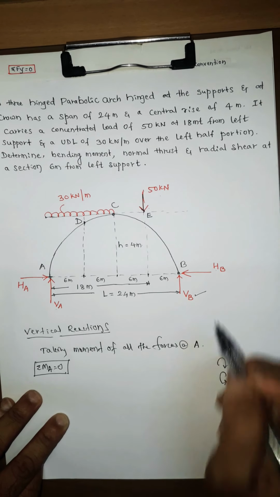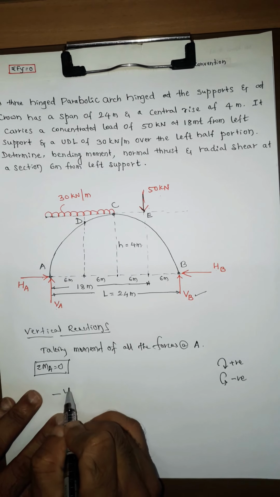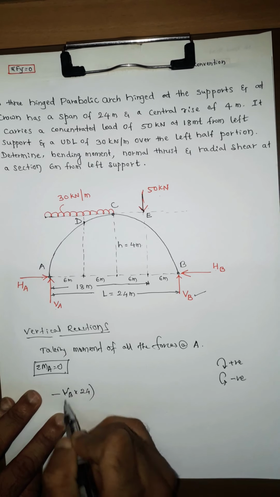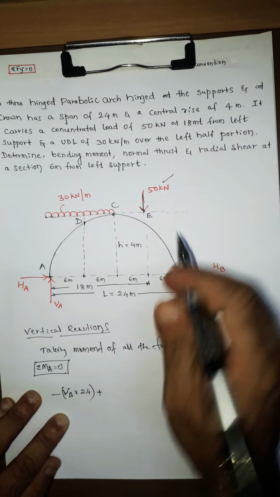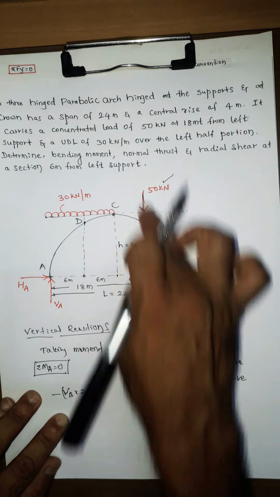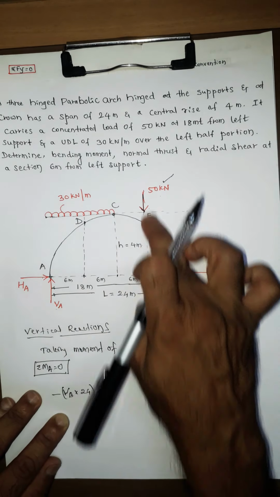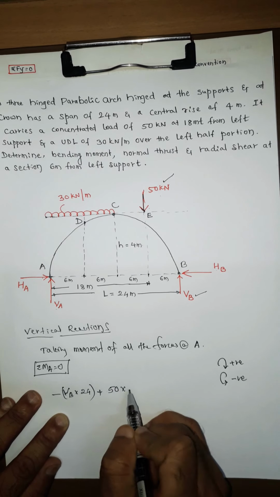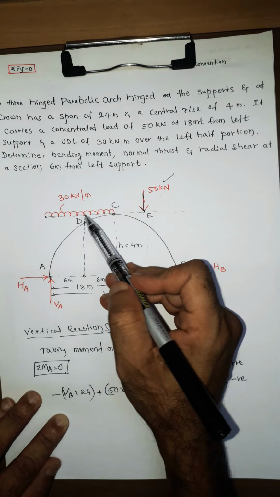First I will take this VB with reference to A, this will produce anti-clockwise, that is minus VB into 24. Then the moment of this 50 kilonewton force about A, 50 into the perpendicular distance 18. With reference to A, this 50 will produce clockwise, that is plus 50 into 18. Then this UDL.